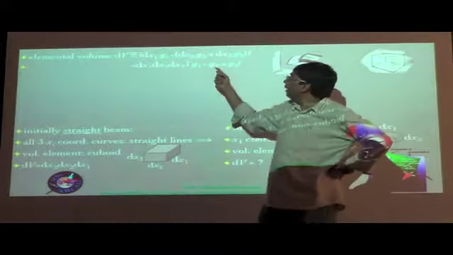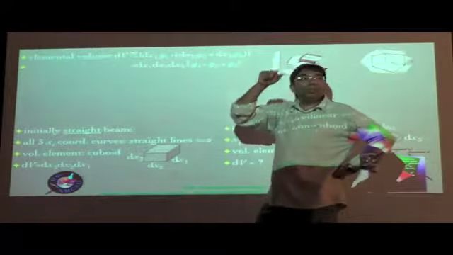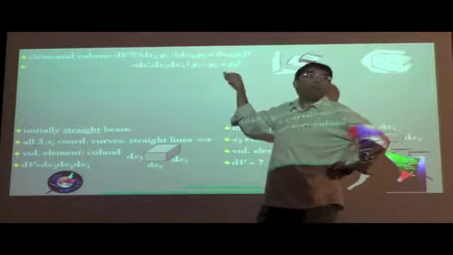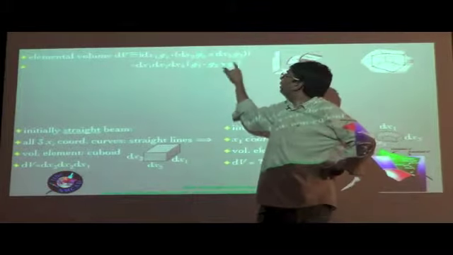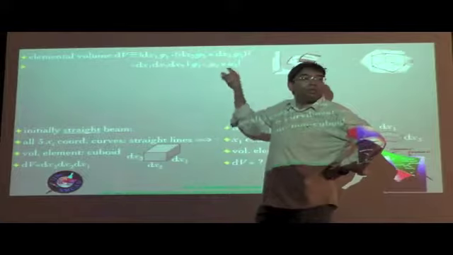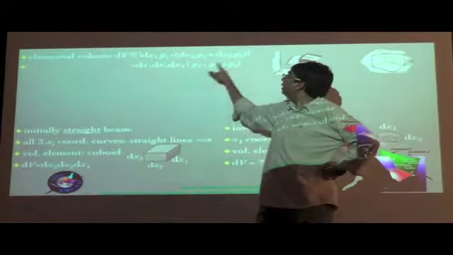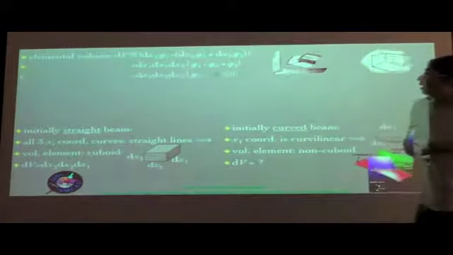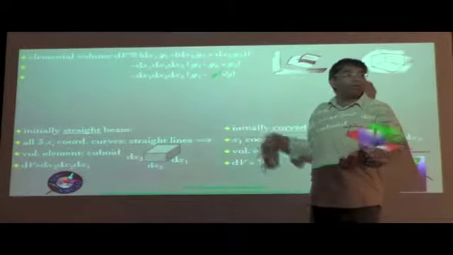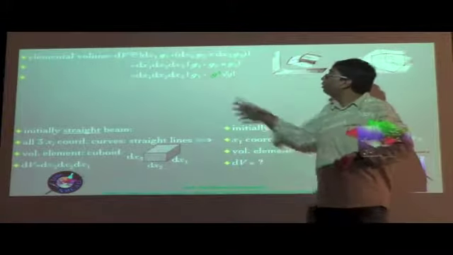For example, we know that G superscript 1 is G2 cross G3 divided by root G. So we can write G2 cross G3 as G superscript 1 times root G.